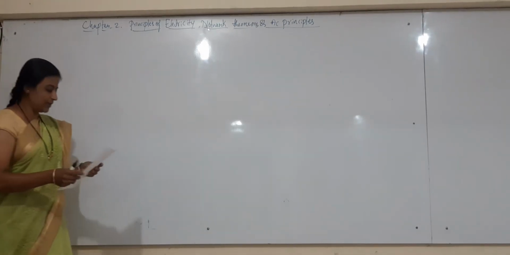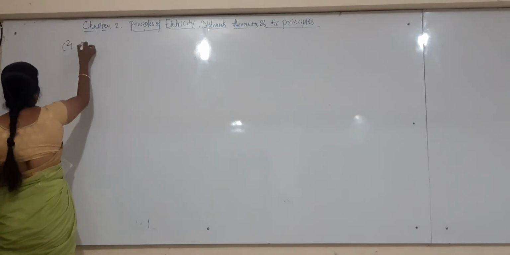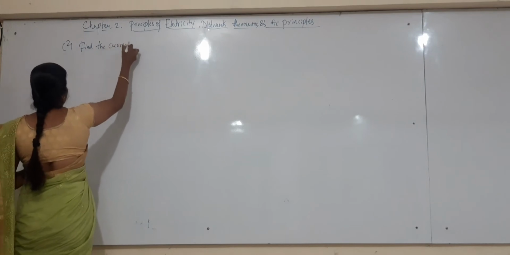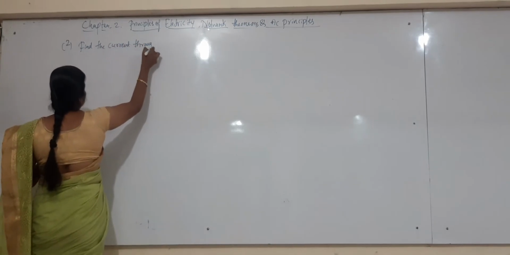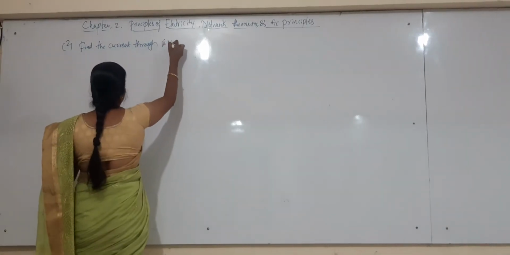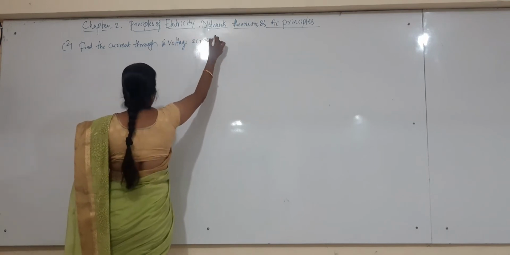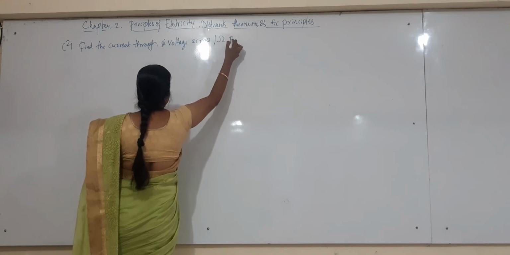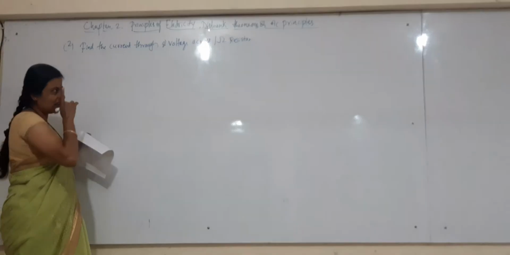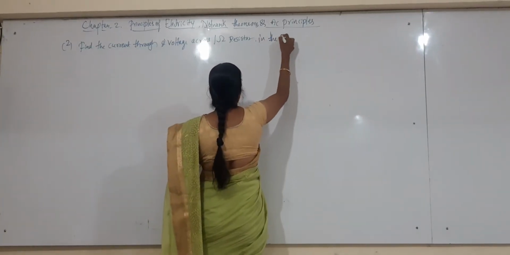Here is one more problem. Find the current through and voltage across the 1 ohm resistor given in the following circuit.